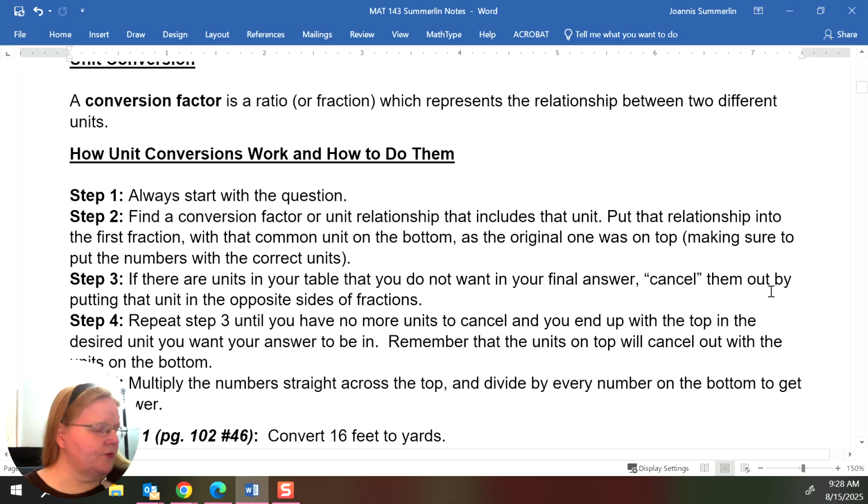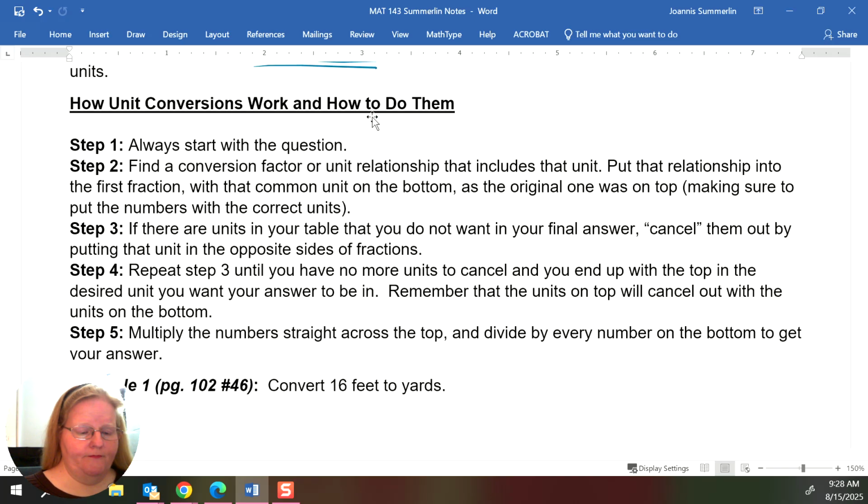Conversion factor is a ratio. A ratio is a fraction, which represents the relationship between 2 different units. Unit conversions work and how to do them. You always start with the question.